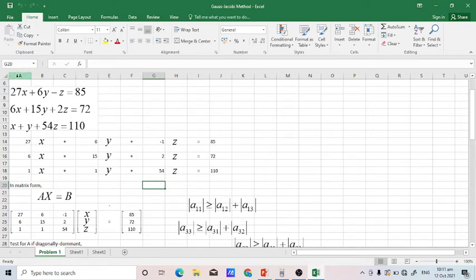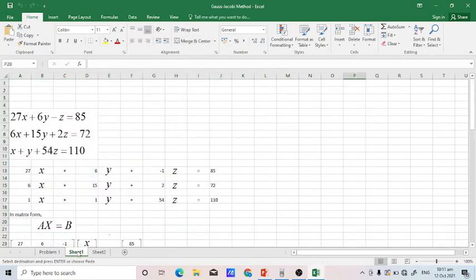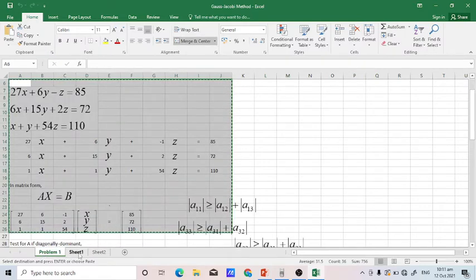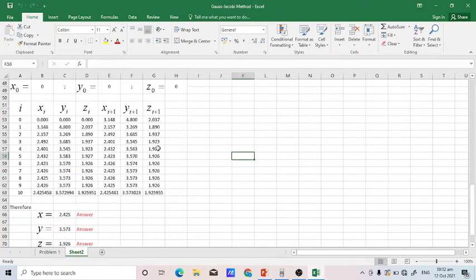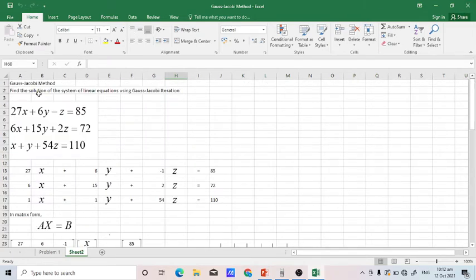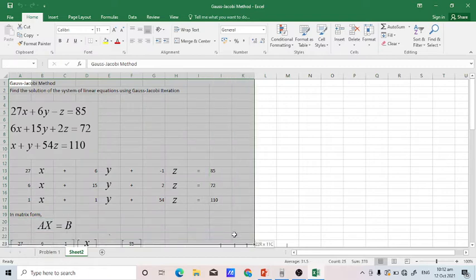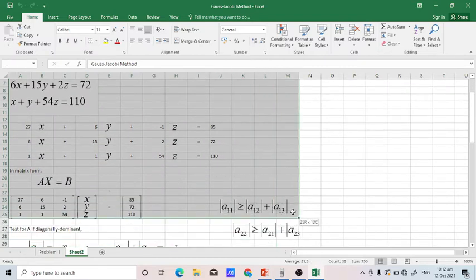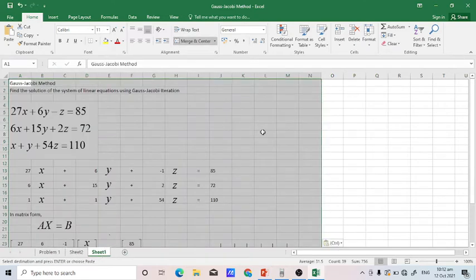And then let me copy this up to this part. Or ito na lang yung copy ko. Ayan.